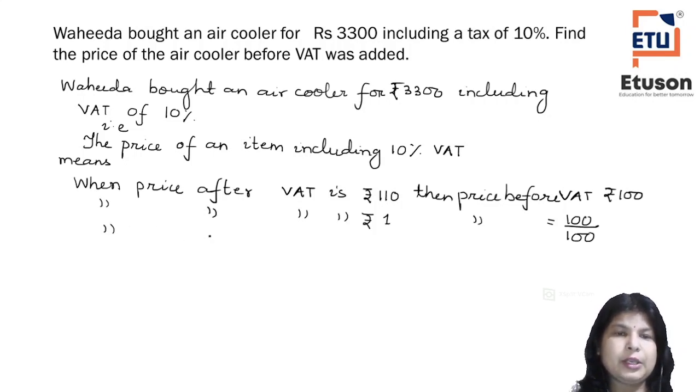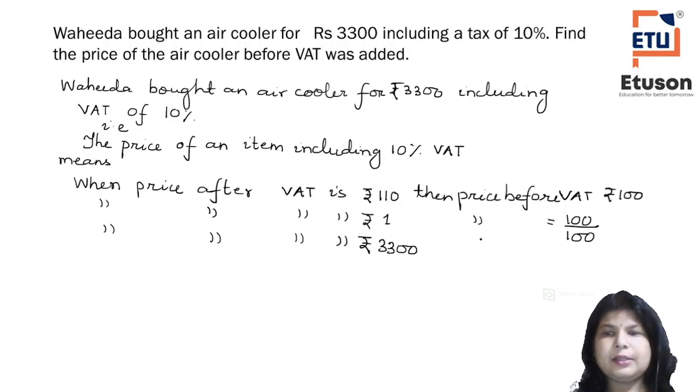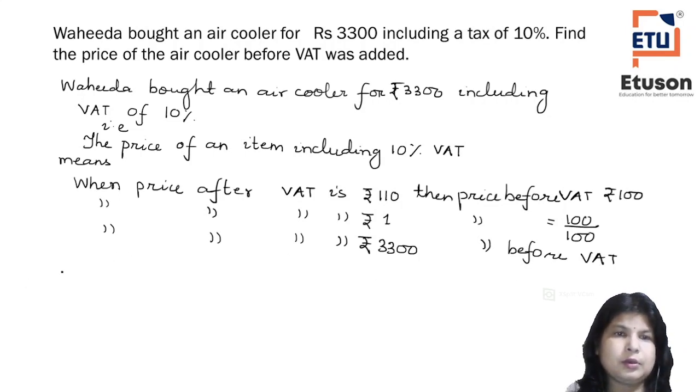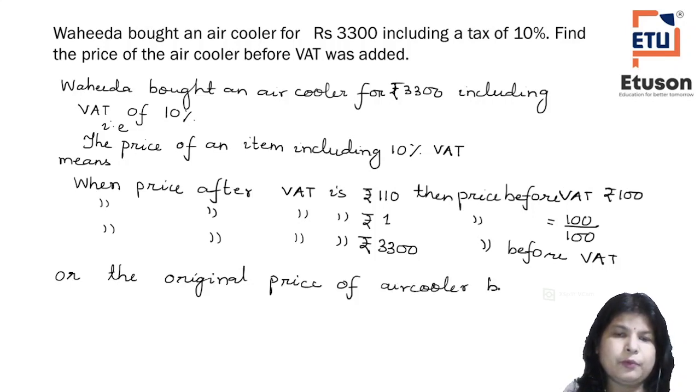Now here the price that is quoted is rupees 3300. So when the price after VAT is rupees 3300, then the price before VAT, or the original price of the air cooler before VAT, is equal to how much? How to calculate?